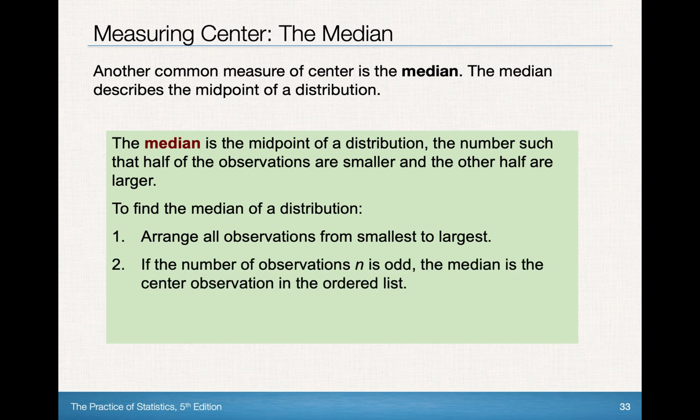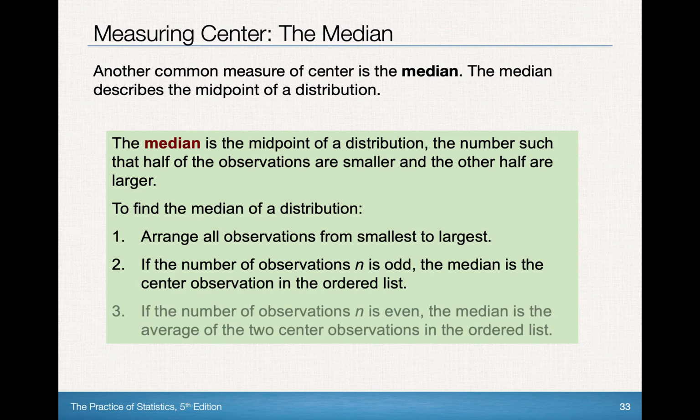If the number of observations is odd, the median will be the center observation. If the number of observations is even, the median is the average of the two center observations, because you won't have one single center observation.